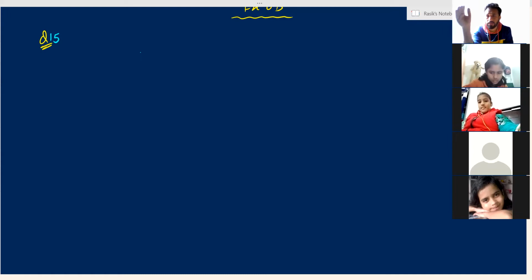Am I right or not? But the ratio of the actual height and the shadow remains the same. Ratio of the actual height of the object and the shadow of the object remains the same, whether the object is small or big, because of the position of the sun.